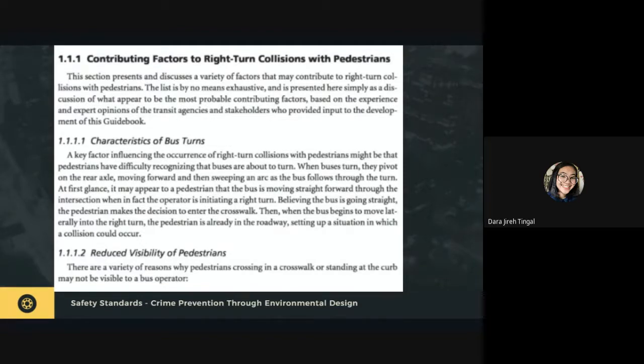There's a possibility that the pedestrian will directly cross the crosswalk, and this will lead to a collision. So in order to reduce that, we should enhance the visibility of the bus operator.